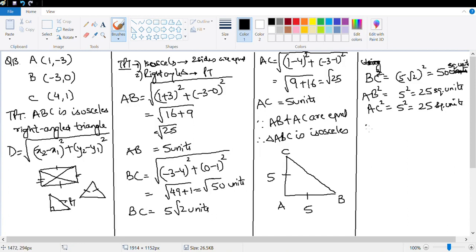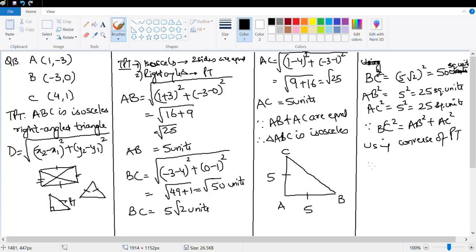Now since BC square is equal to AB square plus AC square, using the converse of Pythagoras theorem, which means Pythagoras theorem states that if a triangle is right angle, then hypotenuse square is equal to the sum of the other two sides square. But the converse would be if the hypotenuse square is equal to the sum of the other two side squares, then this is a right angle triangle.